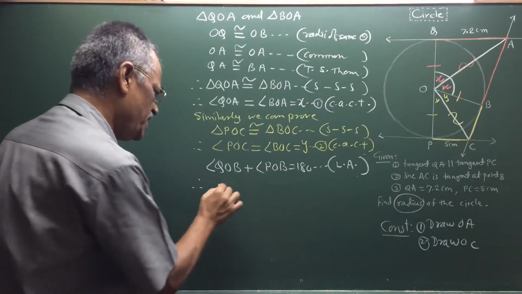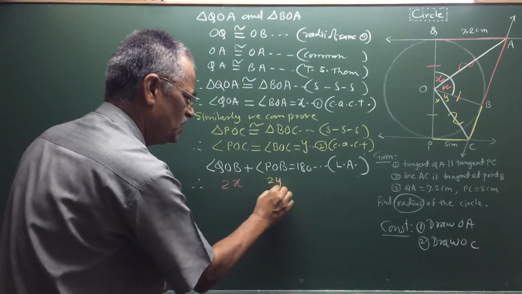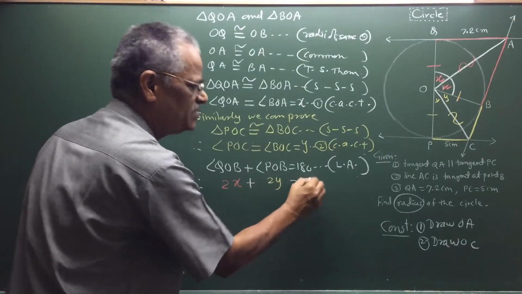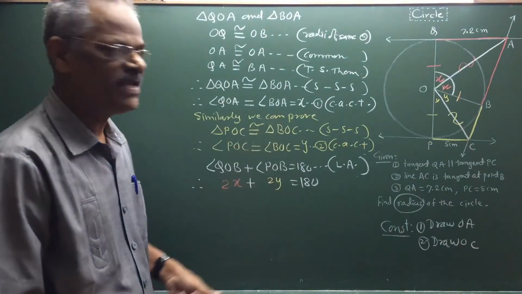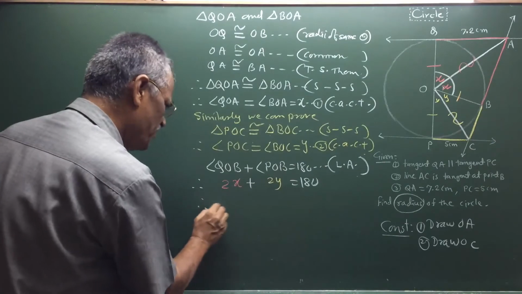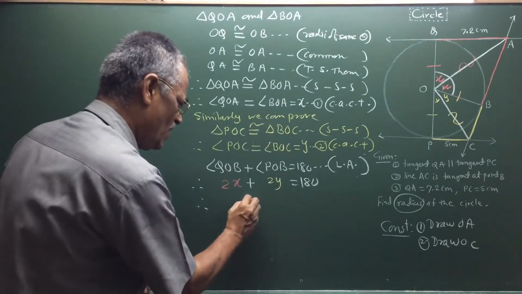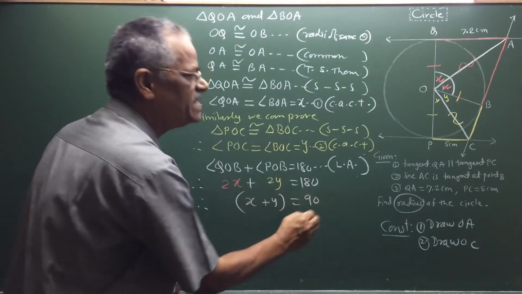So you can use here, it is 2x plus 2y. The sum of the measures is 2x plus 2y equals 180. After that, if you divide by 2, you find that the total of x and y is equal to 90.